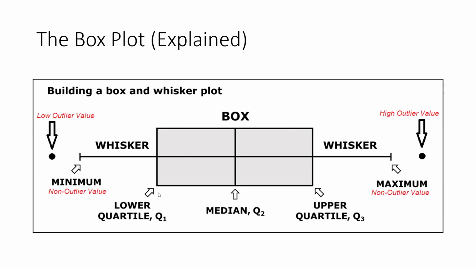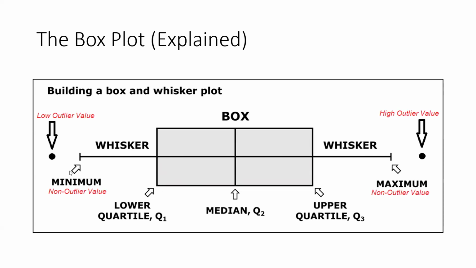The leftmost portion of the box, that's the first quartile. And the rightmost portion of the box, that's the third quartile. All right? So median, first quartile, third quartile. What are the whiskers displaying then? Remember we called it a box and whiskers? What's going on with these whiskers?